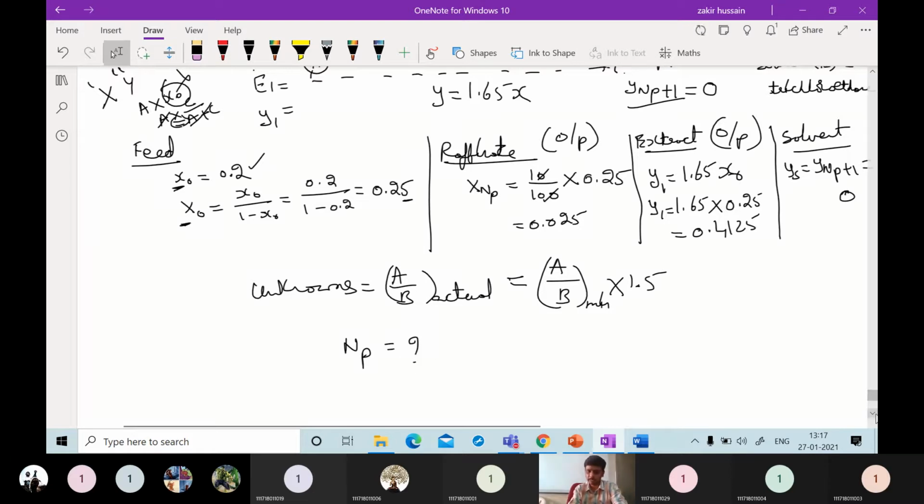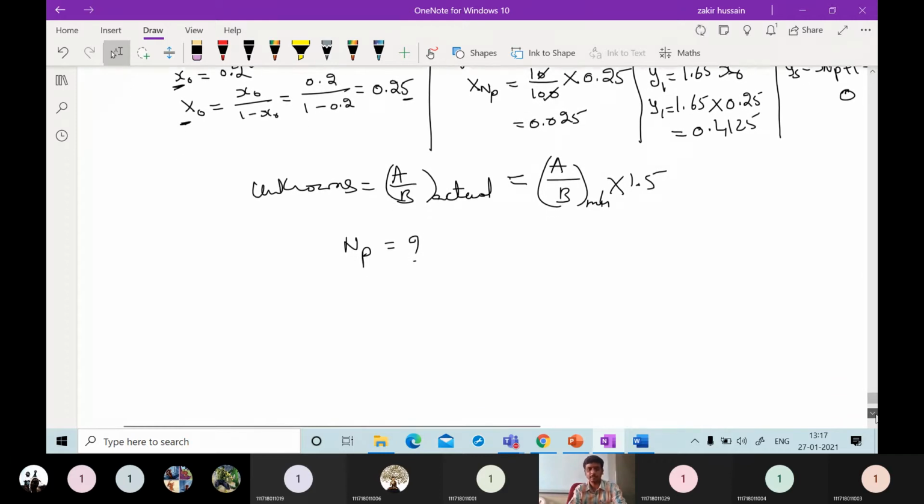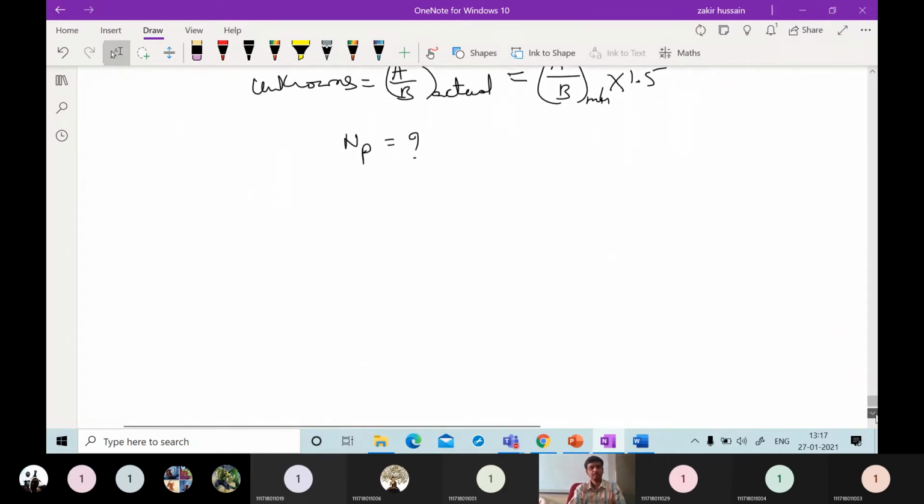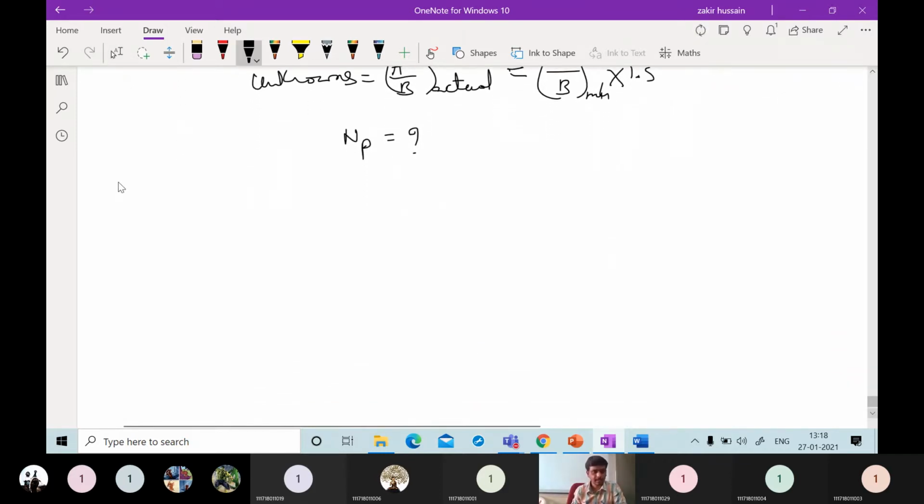So how to find this? Using our equilibrium curve. They have provided the equilibrium relationship in small x: y is equal to 1.65 into x.